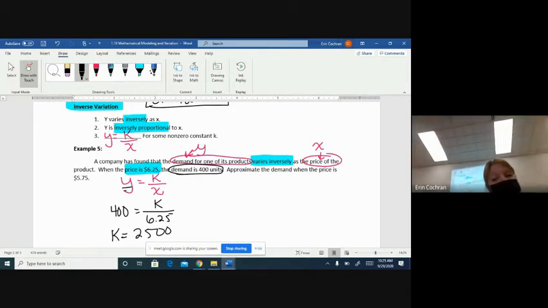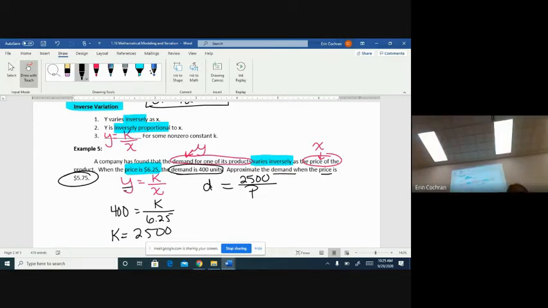So what would my equation be? My Y is my demand, so my demand would equal 2,500 over my X, which is price. We'll label it D and P so we have an idea. So there's your equation. Now, approximate the demand when my price is $5.75.